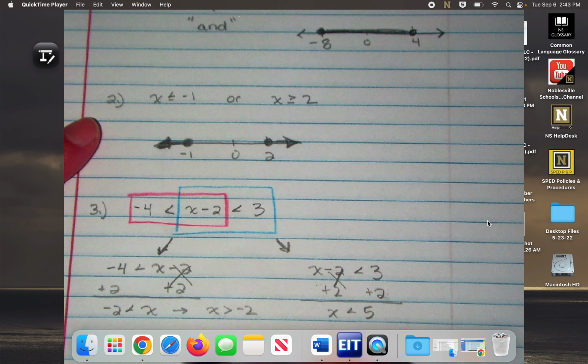So then when I graph it, they will connect. Because all the values greater than -2 are this way, and all the values less than 5 are this way.